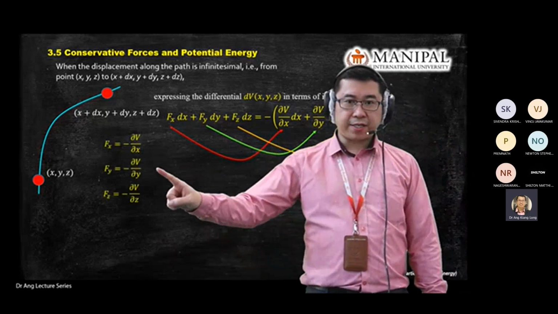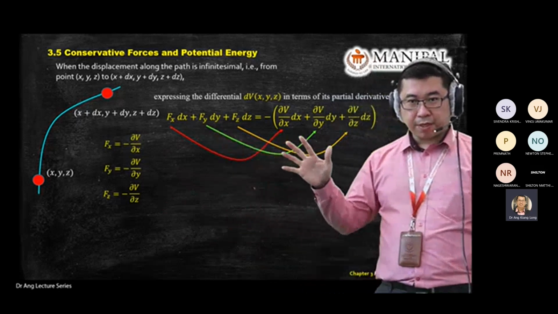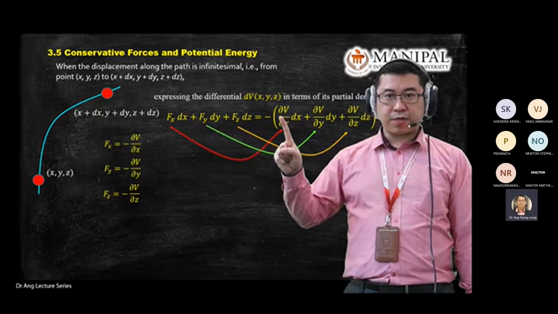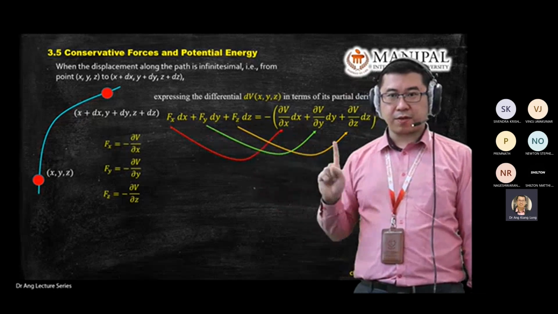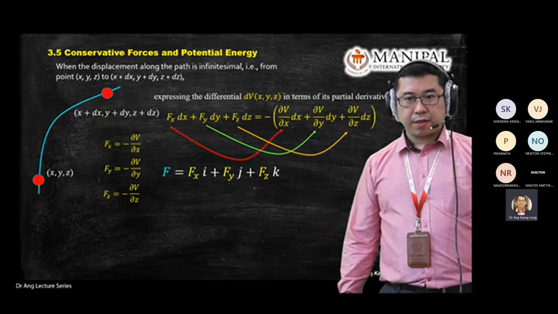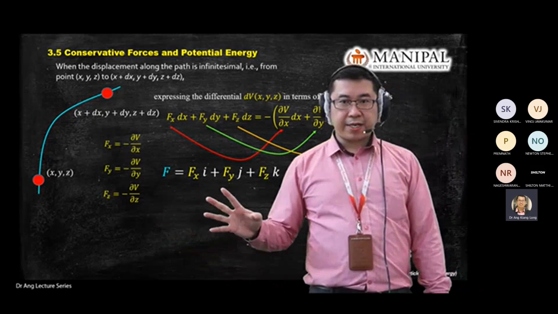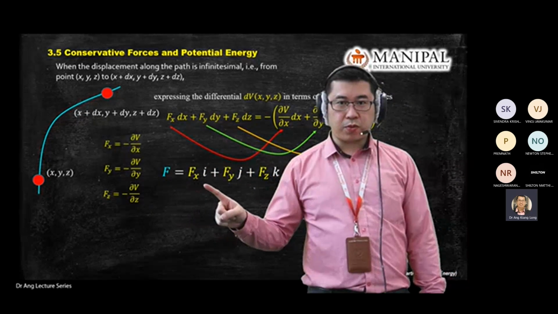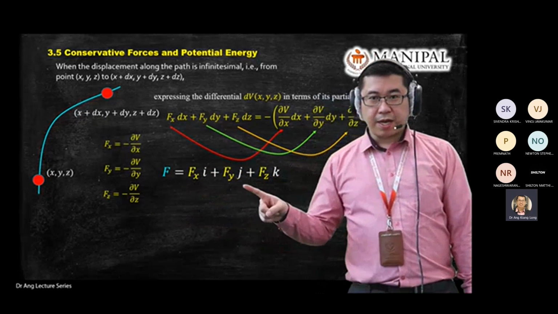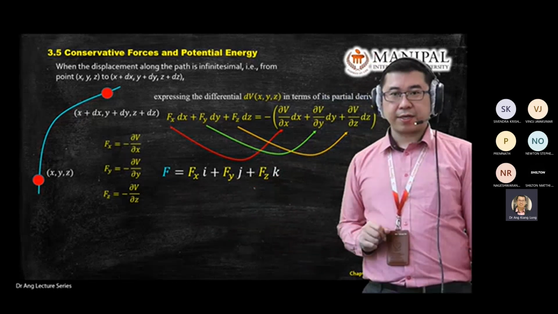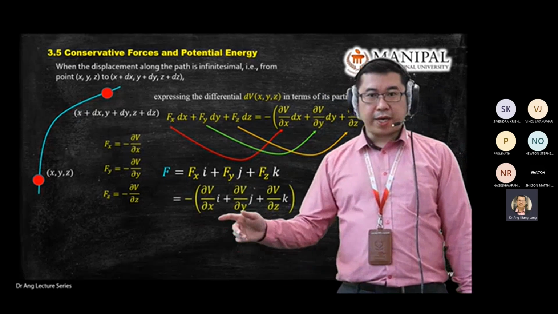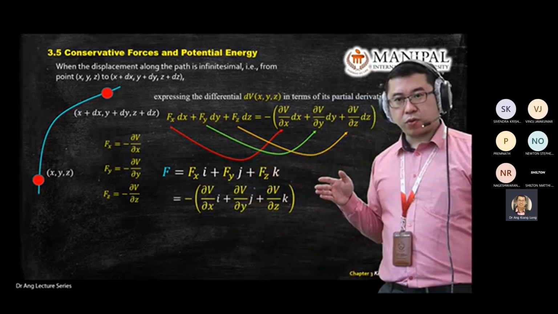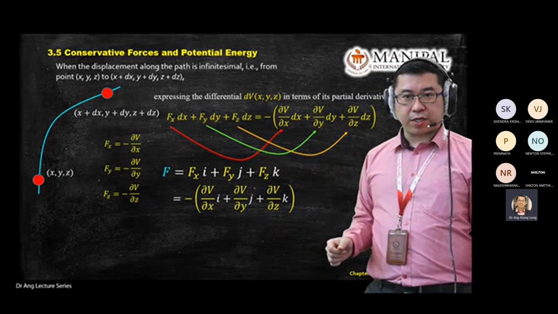So we have Fx, Fy, Fz, copied from this three-colored line here. This one equals this one, this one equals this one, this one equals this one. So we can simplify the equation as F equals Fx i plus Fy j plus Fz k. In other terms, you can change your force equation into your energy equation.